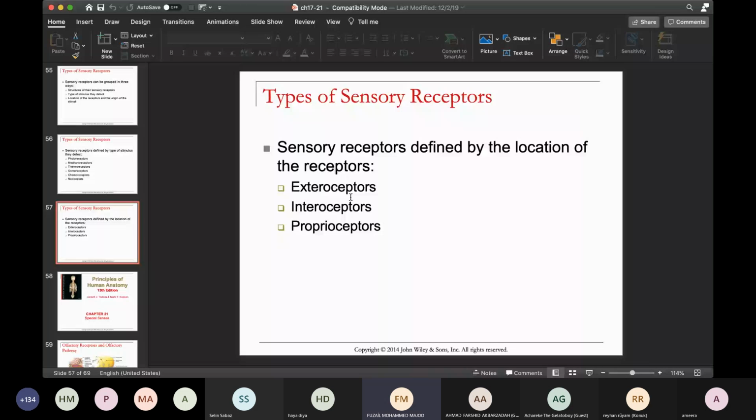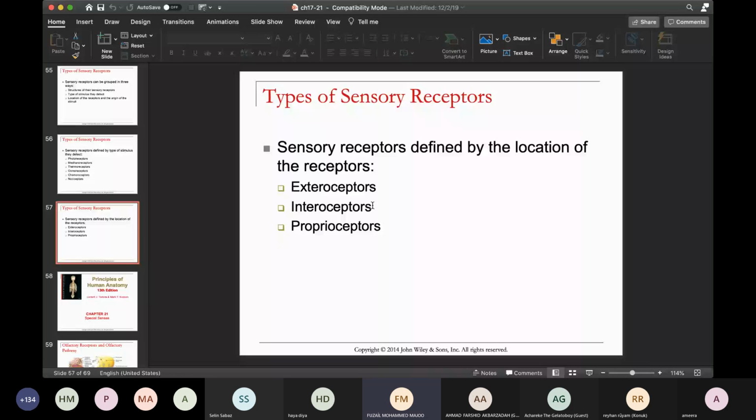So interoceptors can also be called visceroceptors, V-I-S-C-E-R-O. Viscer refers to internal organs, so we find them within blood vessels, organs and muscles. These are located internally.